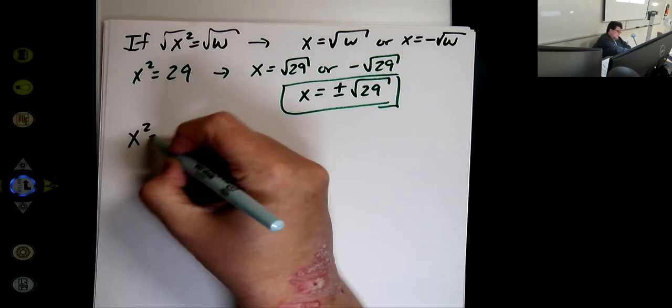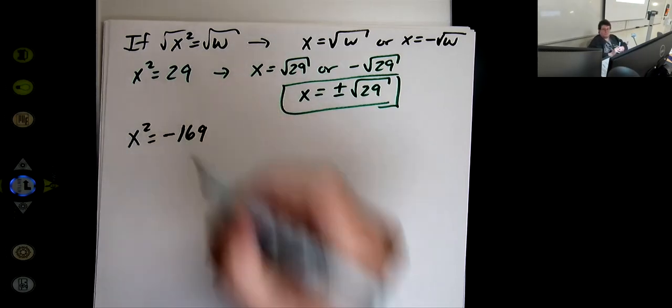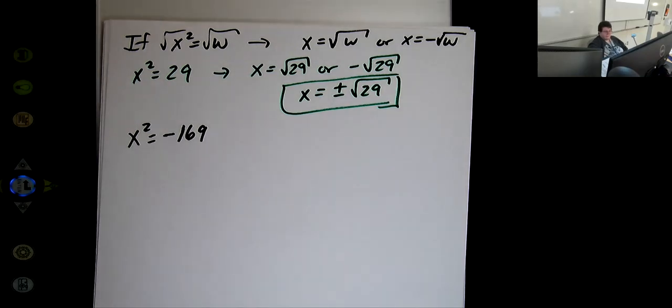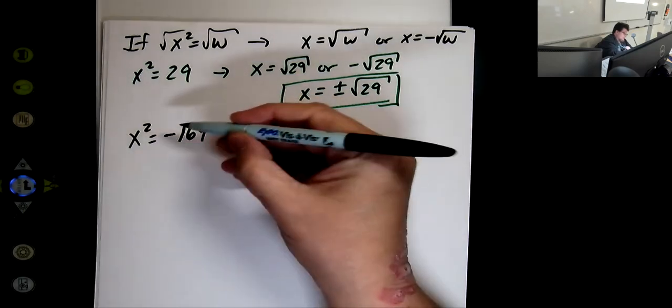What about x squared equals -169? Well, if I do this square root thing, what do I end up with?